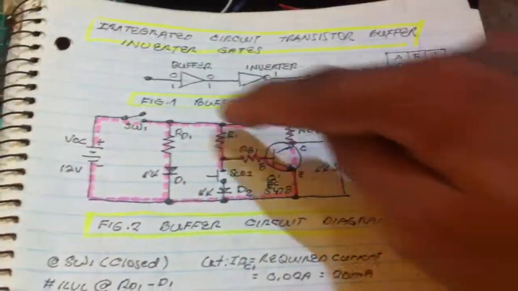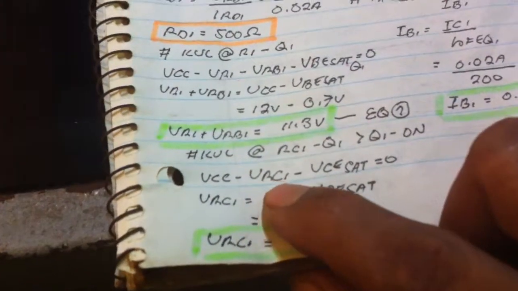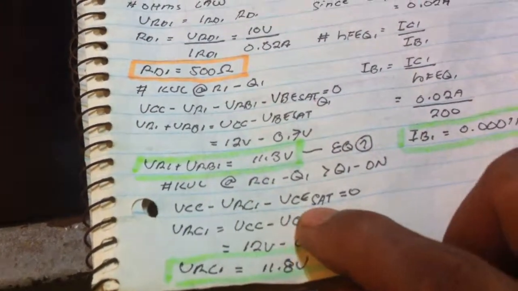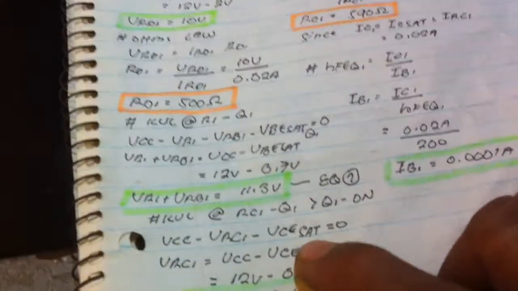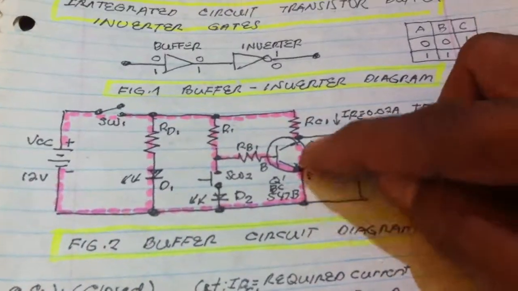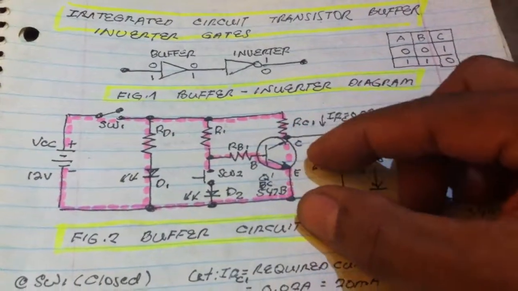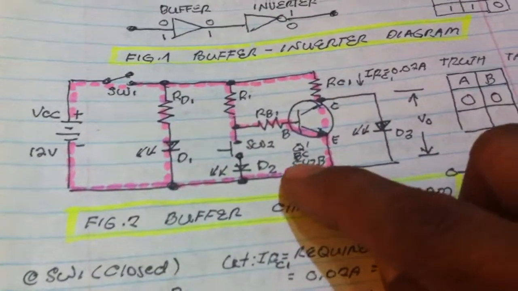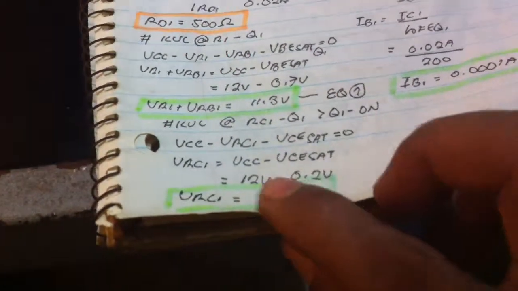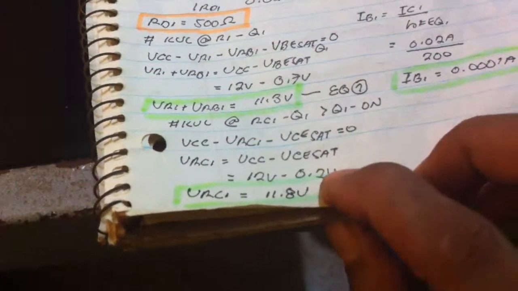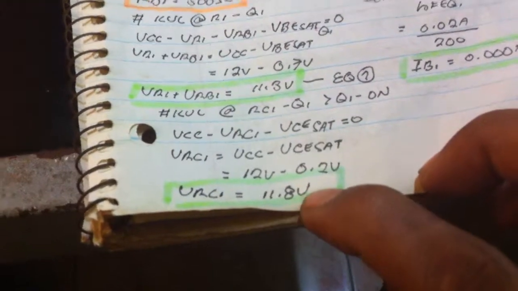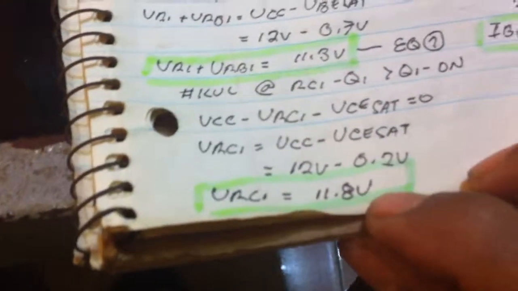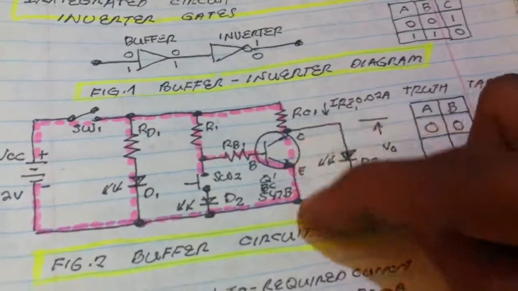So now the current flows here using KVL again. We get VCC minus the voltage drop VRD1, VRC1, VCE at saturation equals 0. Using KVL, we have a voltage drop here of 0.2 volts that is given in the data sheet of this transistor BC547B. So we get, transposition, substitution, the voltage drop at RC1 is 11.8 volts.